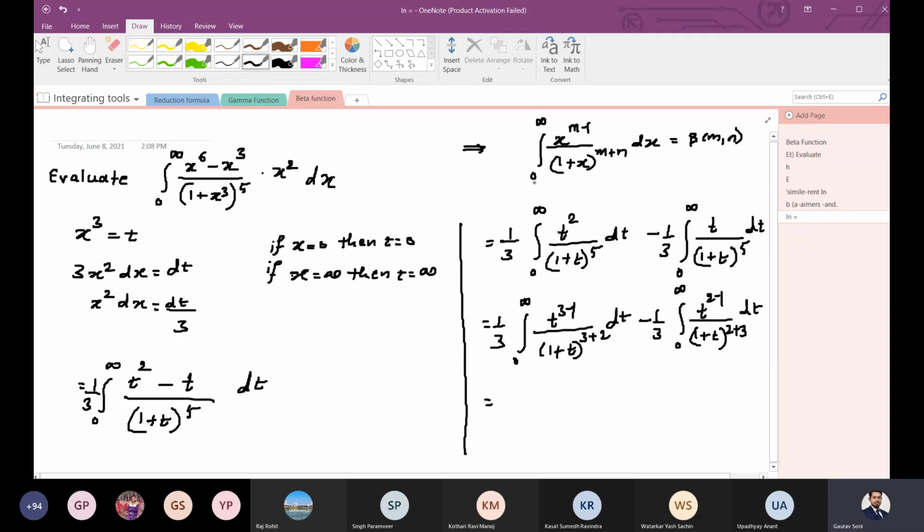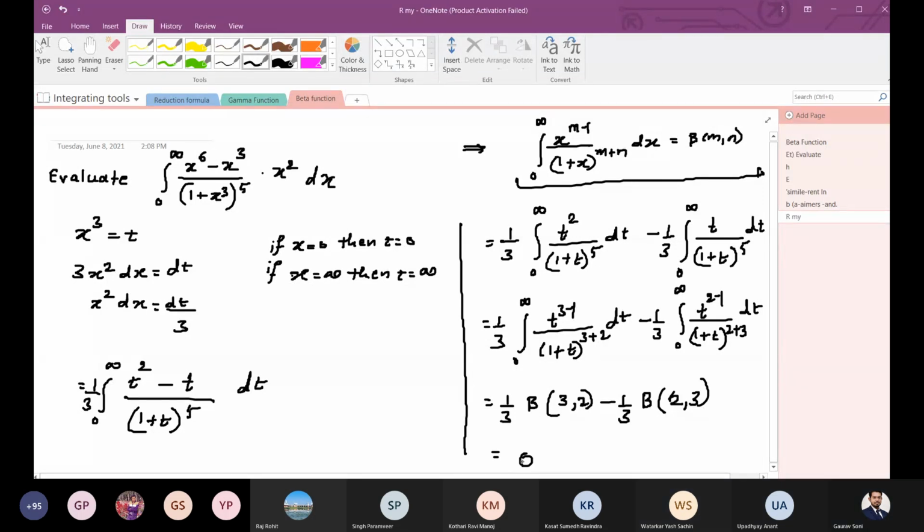So if you use the above formula, what you get is 1/3 beta of 3 comma 2, minus 1/3 beta of 2 comma 3. So what is the answer? 0, because beta of 3 comma 2 is equal to beta of 2 comma 3.